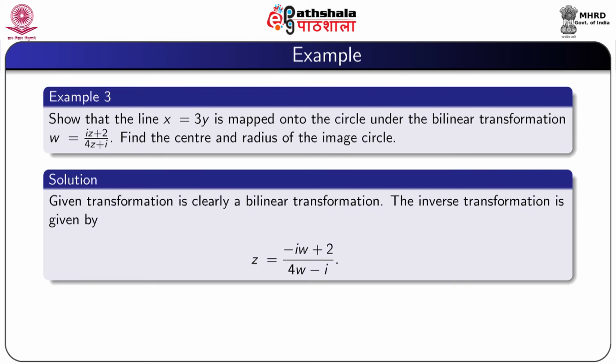Solving, we obtain the inverse transformation as Z=(−iW+2)/(4W−i).